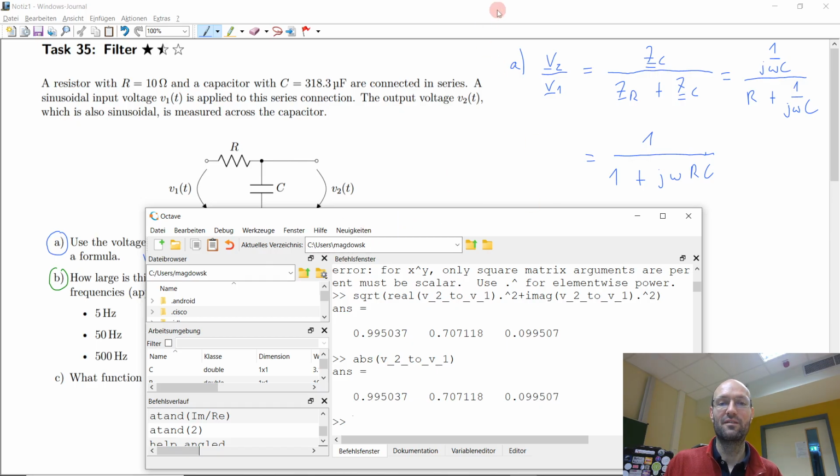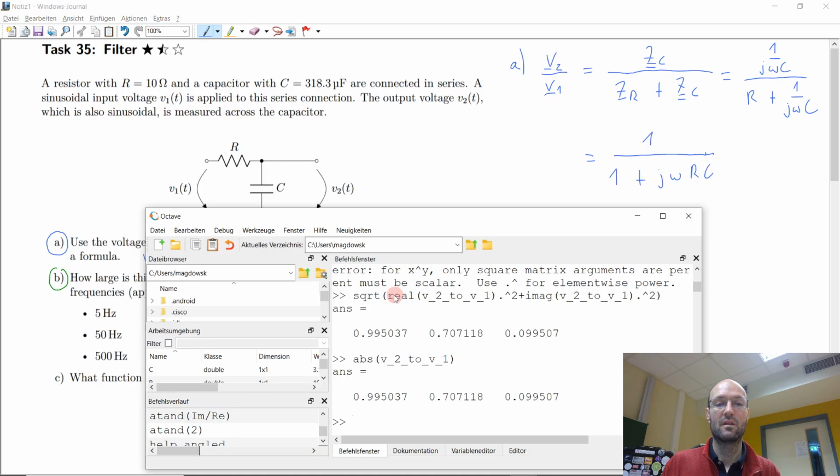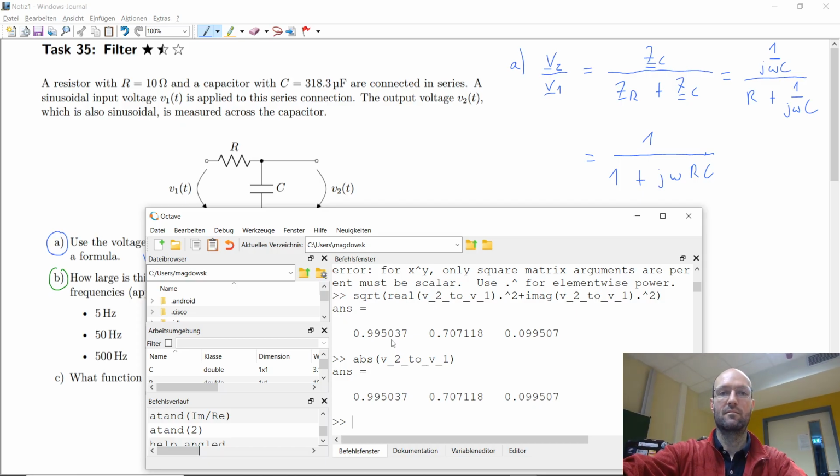Now, the next thing that was suggested here is to also look at phase. So how do we get the phase of this? The inverse function of the tangent of the imaginary part.